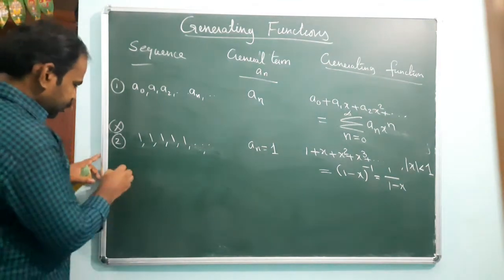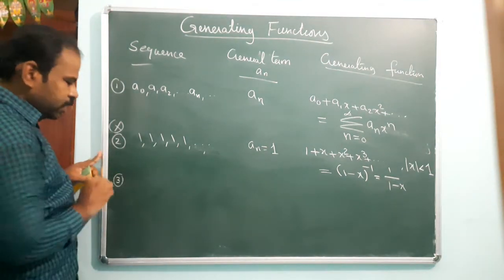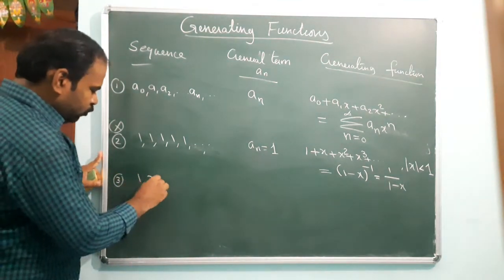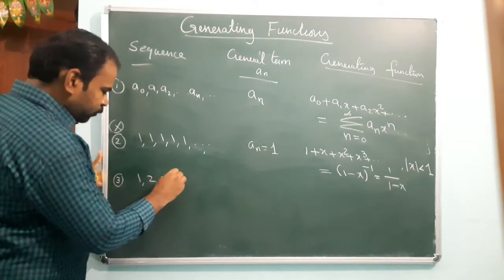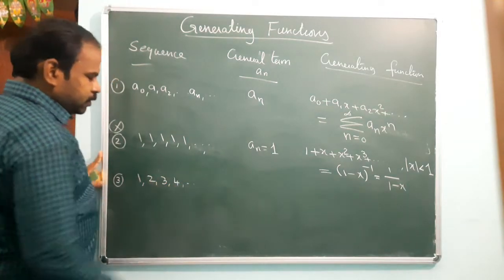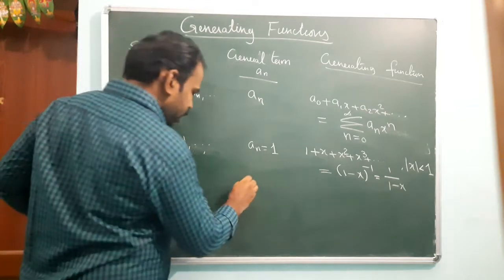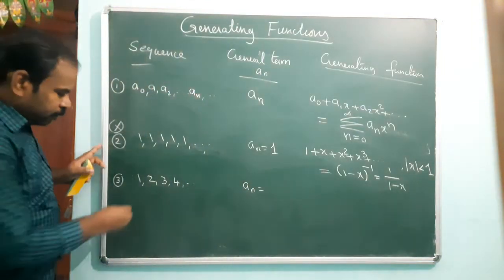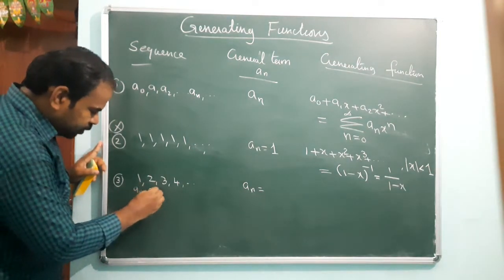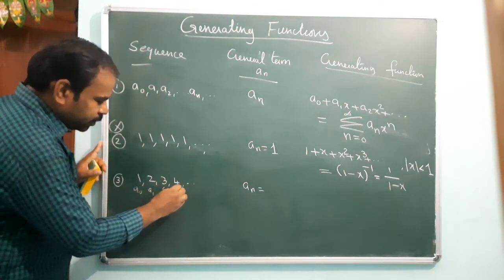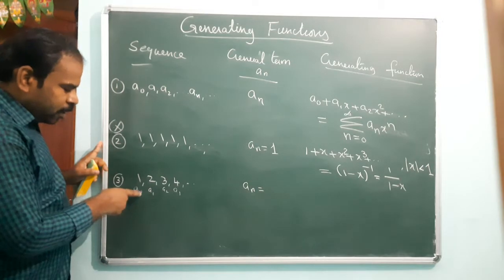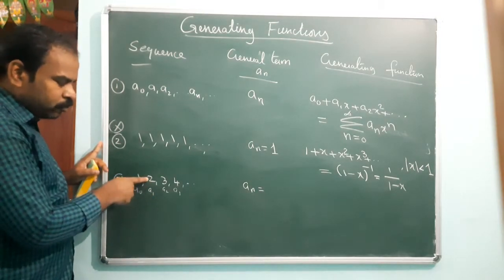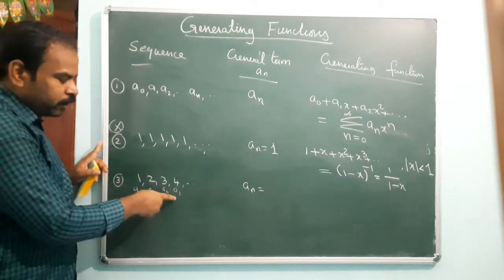The next well-known example is 1, 2, 3, 4, etc. This is a naught, this is a1, this is a2, this is a3. So a naught means 1, a1 means 2, a2 means 3, a3 means 4.